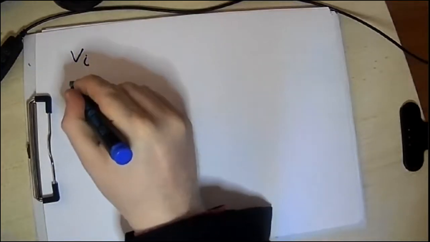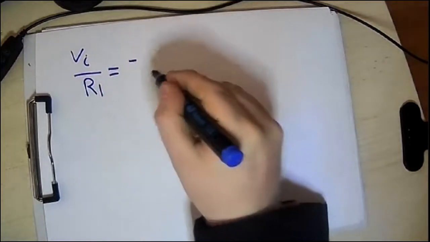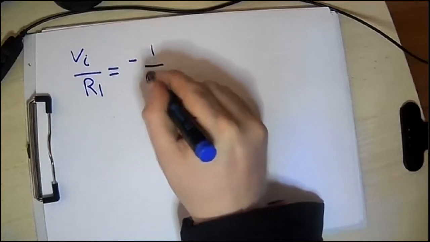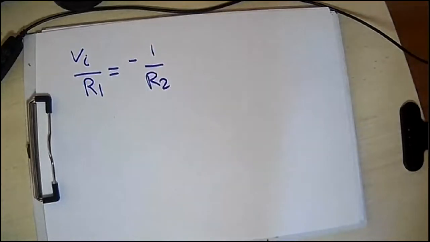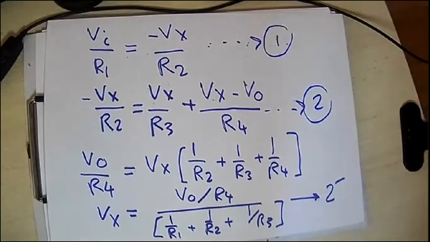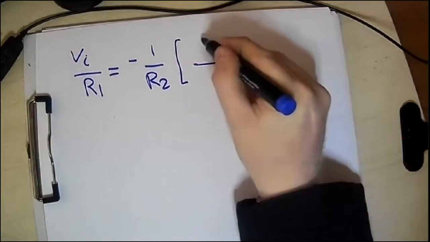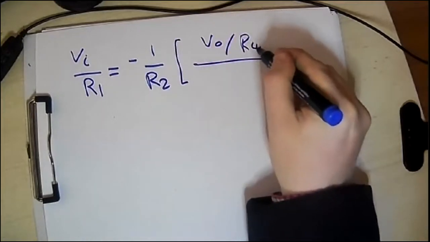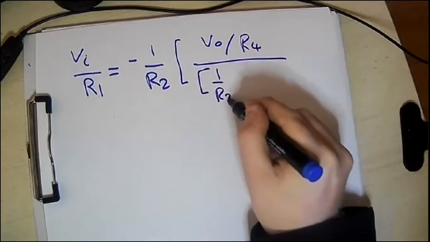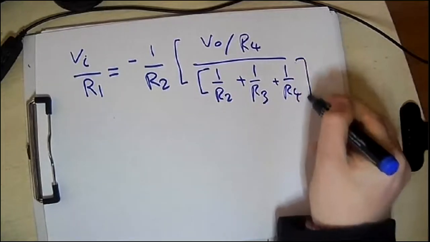So what you can say is that V input over R1 equals minus 1 over R2, and instead of having Vx, I will substitute it with V output over R4 over 1 over R2 plus 1 over R3 plus 1 over R4, as you can see.